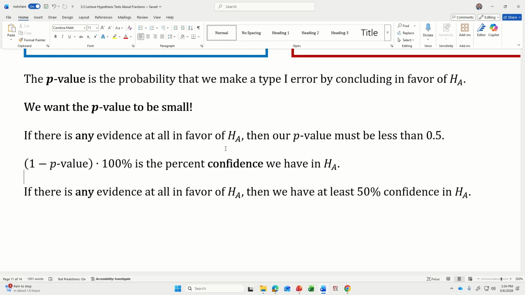And 72% confidence is not very high. It's something, but it's not great. But I think it's cool that we can put a percent confidence down numerically without having to give your gut feeling. And if there is any evidence at all in favor of your alternative hypothesis, then we have at least 50% confidence in the alternative.